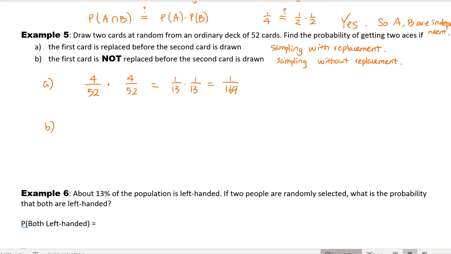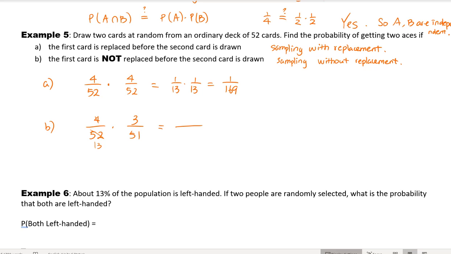Part B. If the first card is not replaced, the first round we have 4 aces out of 52 cards. Second round, if we want to draw an ace, because you already have 1 ace, there are only 3 aces left, and then there are only 51 cards left, because we already drew 1 card. Okay, this is 13.